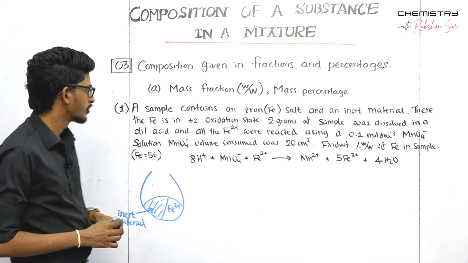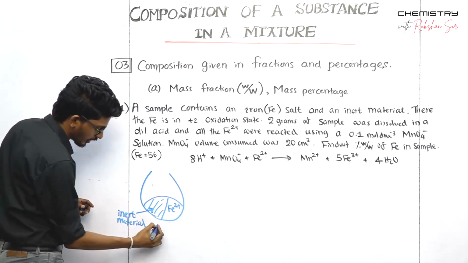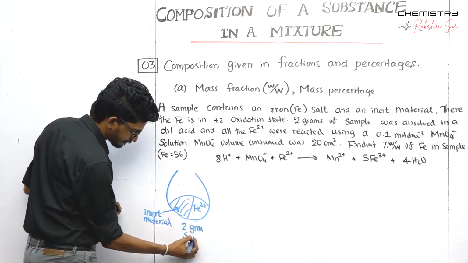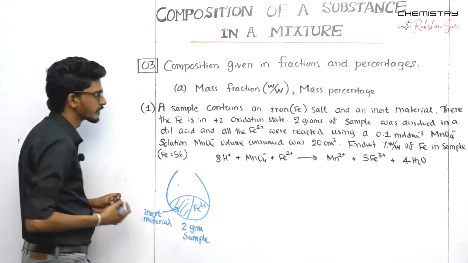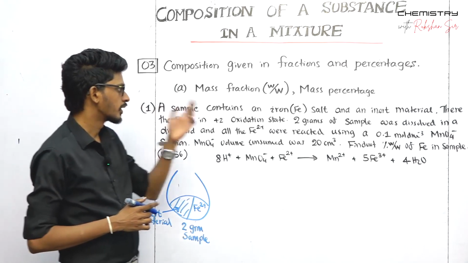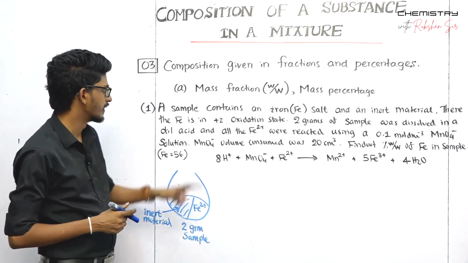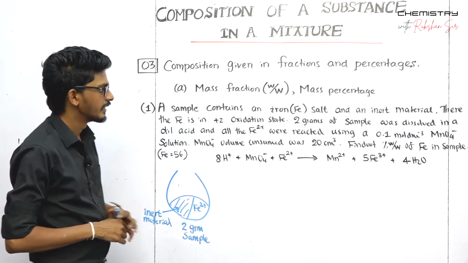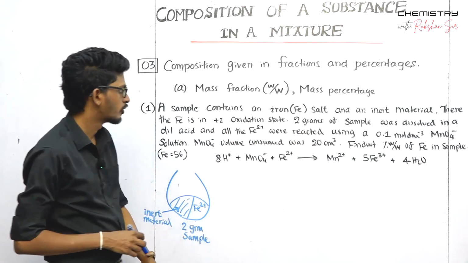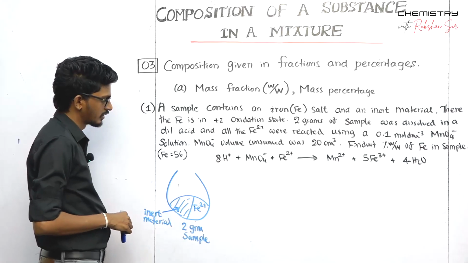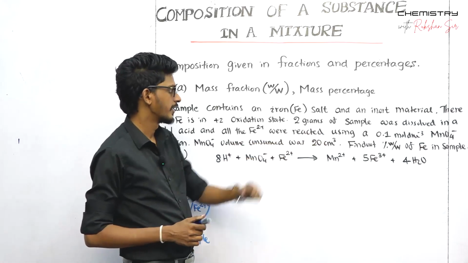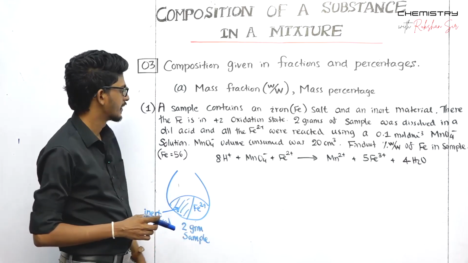2 grams of sample was dissolved in dilute acid. So you are with 2 grams. All the Fe2+ were reacted using 0.1 molar MnO4 minus solution.